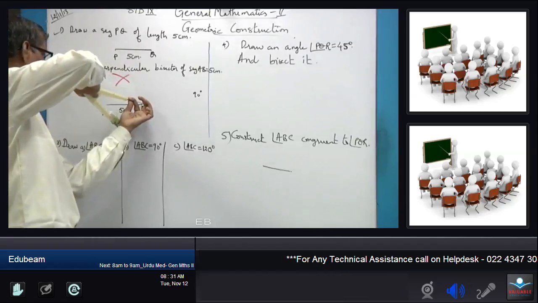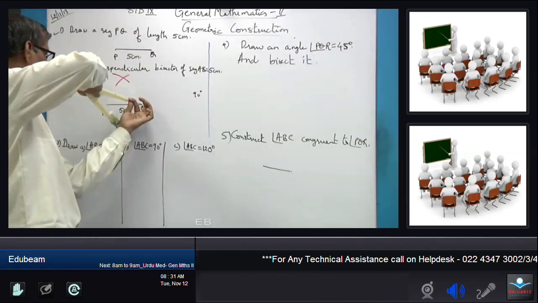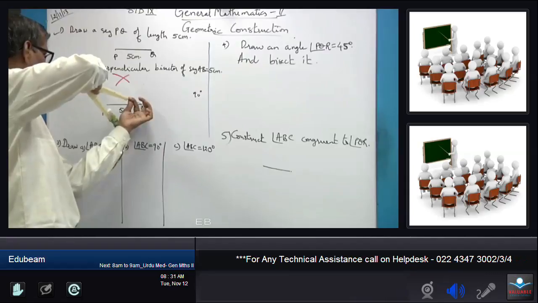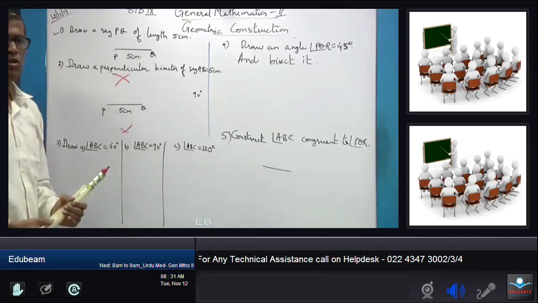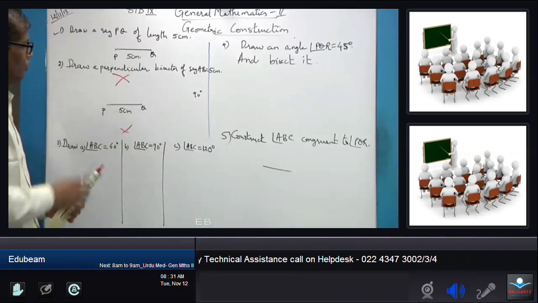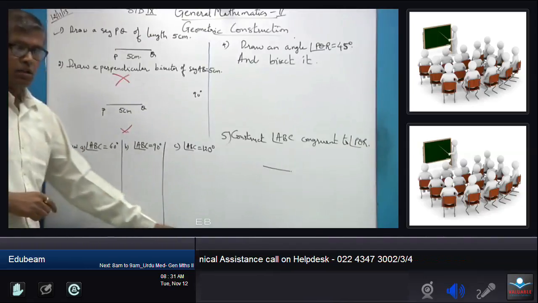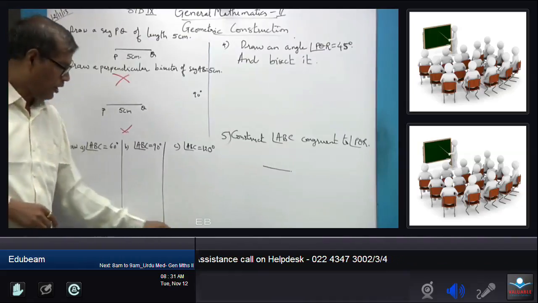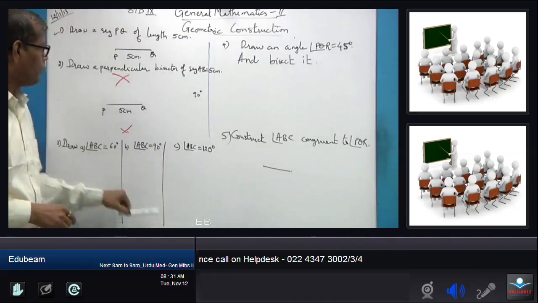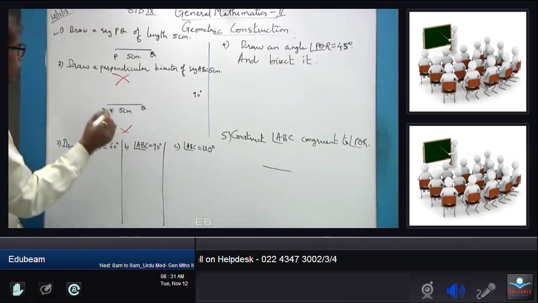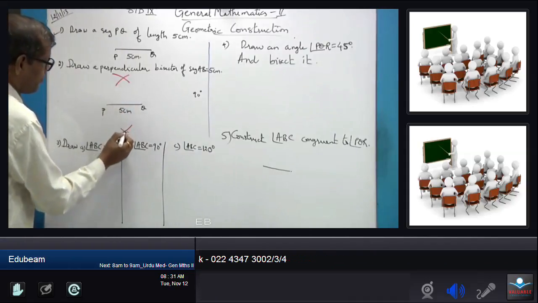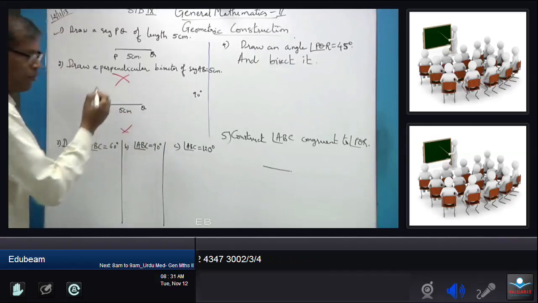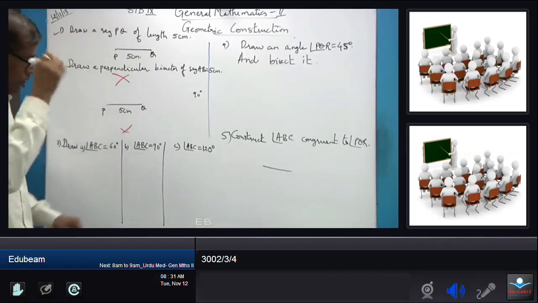Draw an angle ABC 60 degrees. Angle ABC. So B is in the center. So this is your point B, and you have to draw a line or a ray.